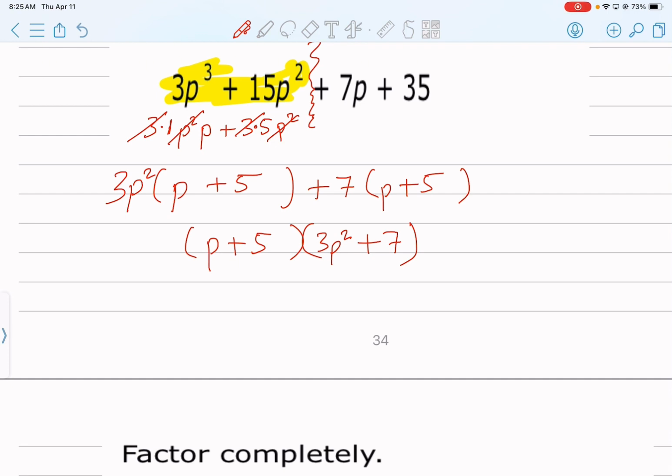Or you can do it the other way around. You can write it this way, or you can also write it this way. Either is fine. P squared plus 7, P plus 5. Oh, I get it now. Either way, you're fine.